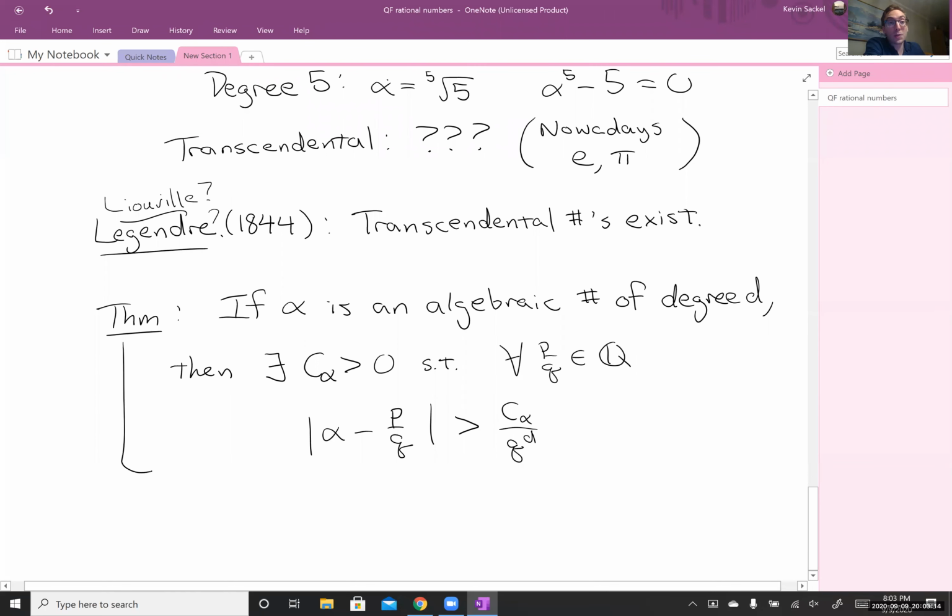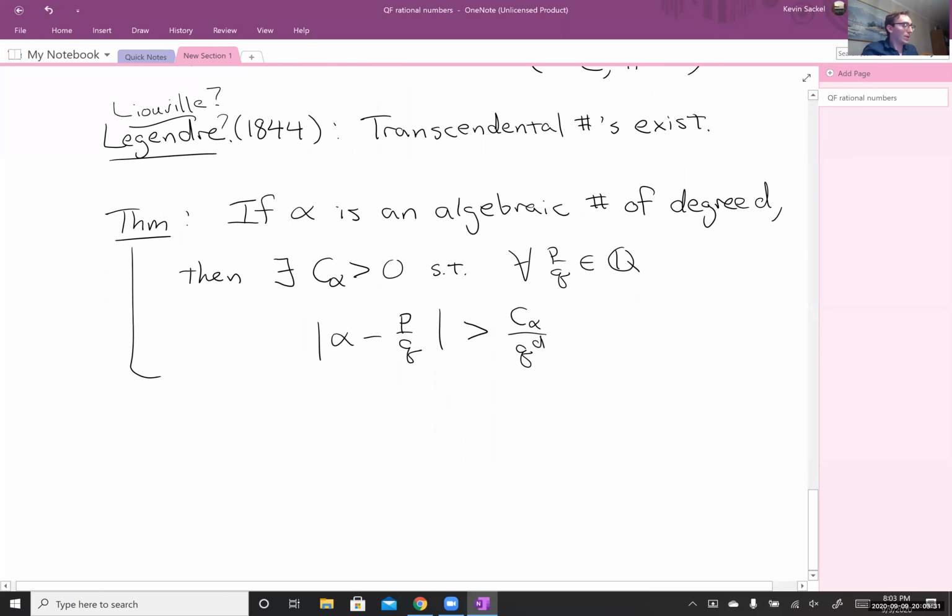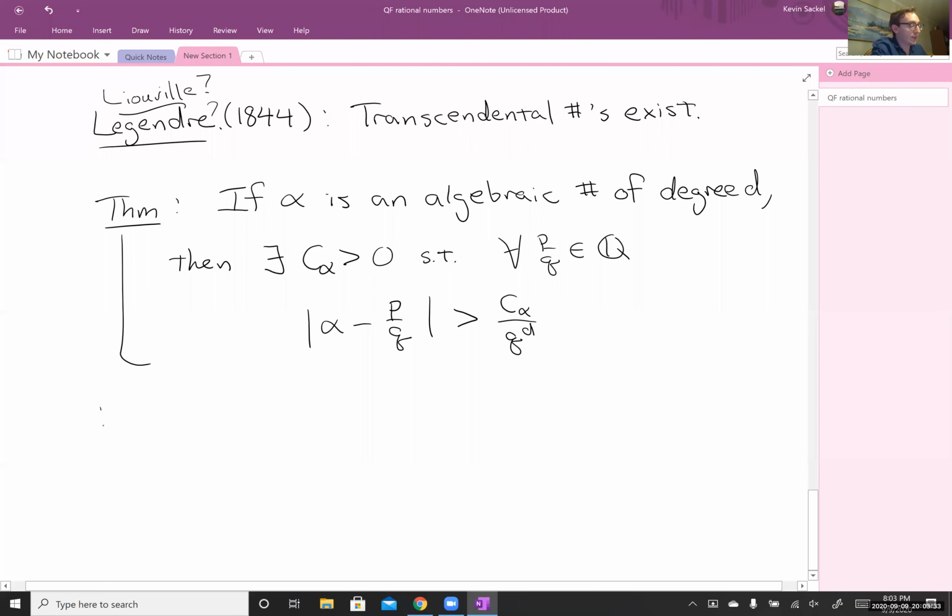So this comports with what we saw before in terms of 1 over the square root of 2, which was algebraic of degree 2. We saw that we got some sort of non-approximation theorem where we replaced d by 2. And so maybe I'll say that the proof of this is essentially the same.